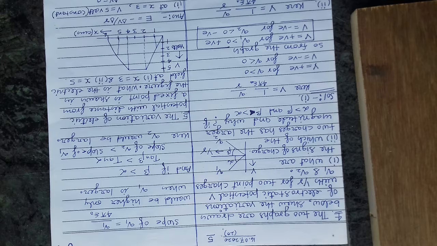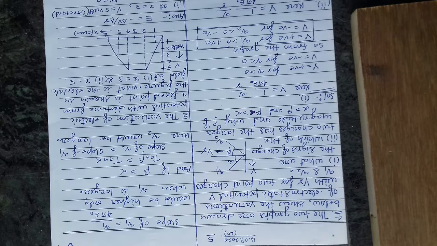And for Q2 you see the potential is negative. So V is negative for Q2 less than 0, so Q2 is negative. Just seeing the graph, for Q1 the graph is varying along the positive y direction, so Q1 is positive, and for Q2 the graph is varying along the negative y-axis.